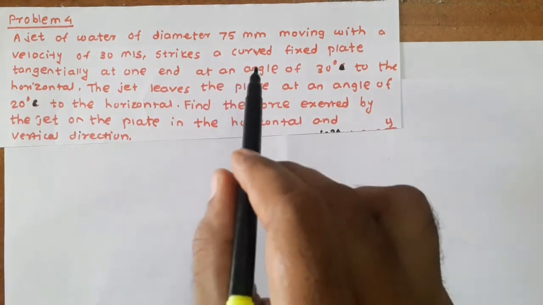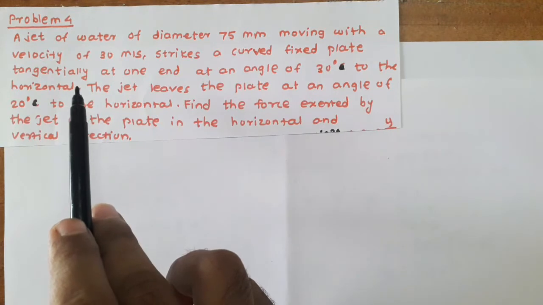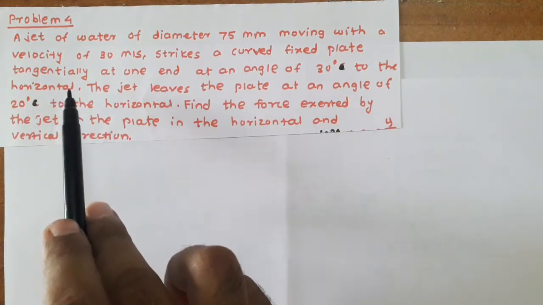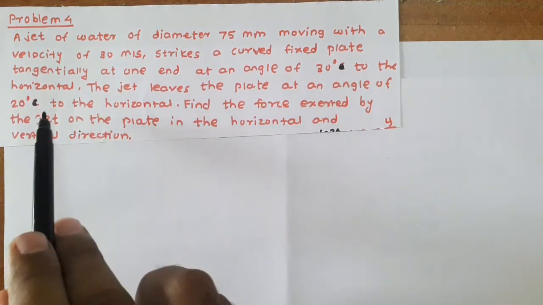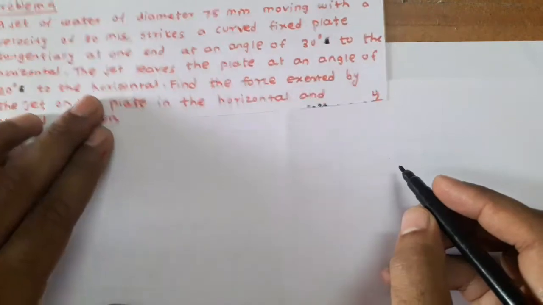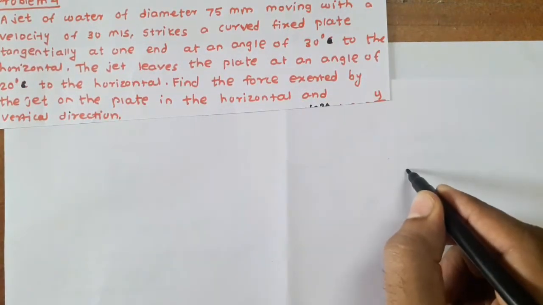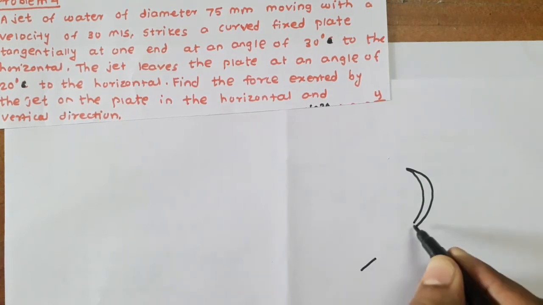Now in this case again, the plate is a curved fixed plate, and the jet strikes at one end tangentially, and the bottom tip angle is 30 degrees and the top blade tip angle is 20 degrees. Okay, so first draw the diagram. It is the curved plate. Jet position is here.